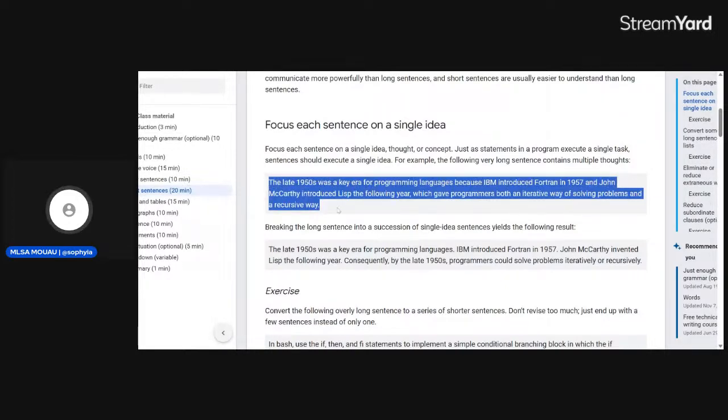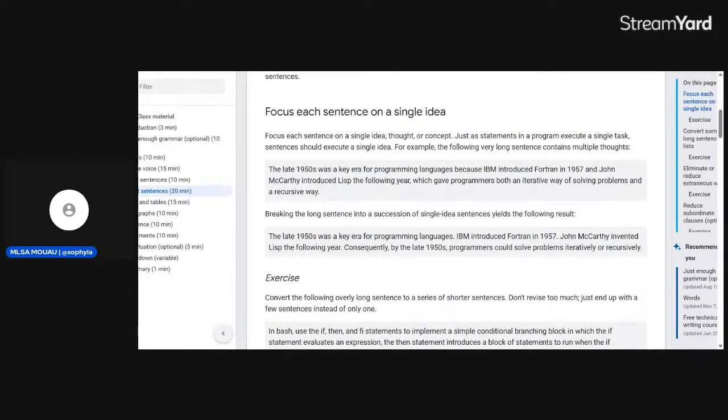So you can break it into short sentences like this. The first sentence talked about the era of programming languages.